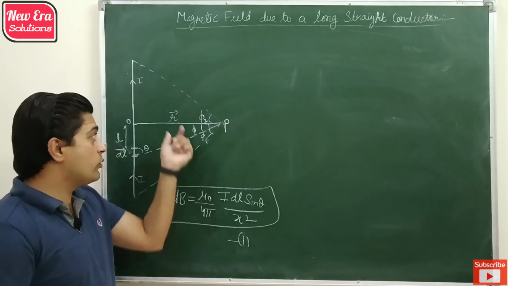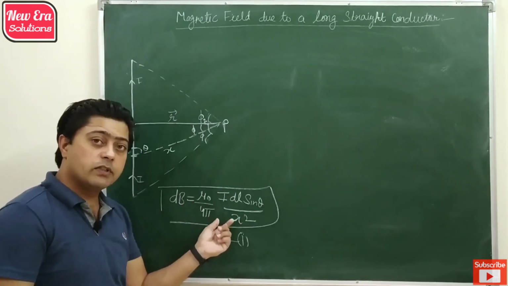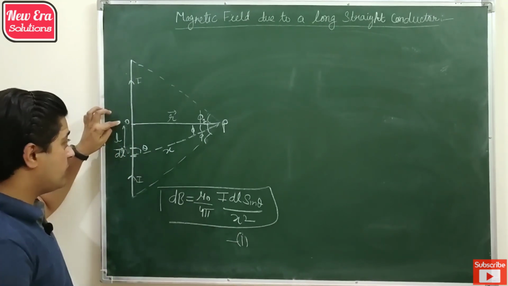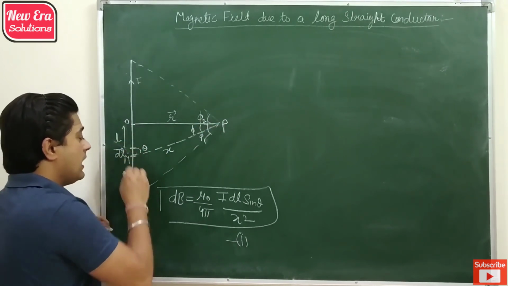Then we have to use r, which is the position vector of point P, which is already given. So to obtain this, let there be a triangle OPM.